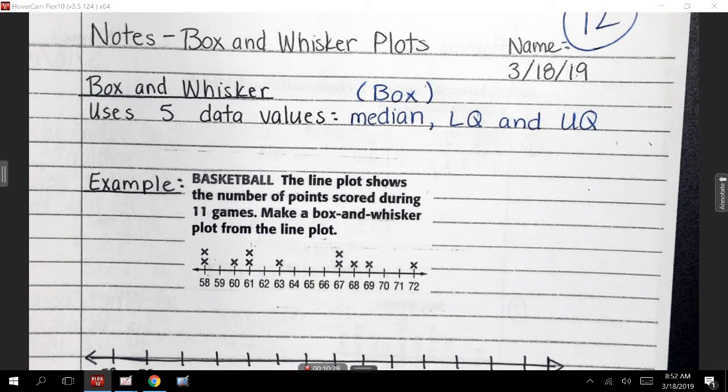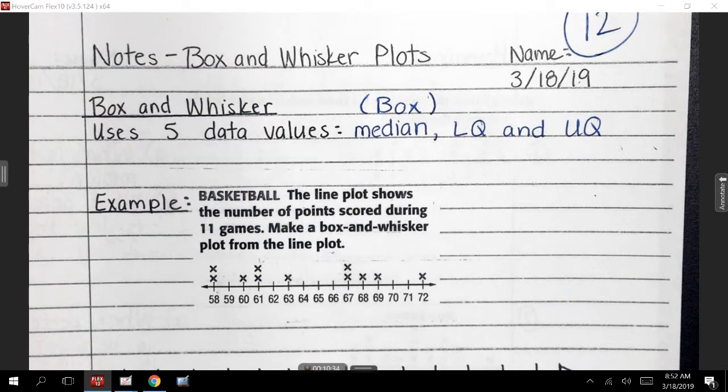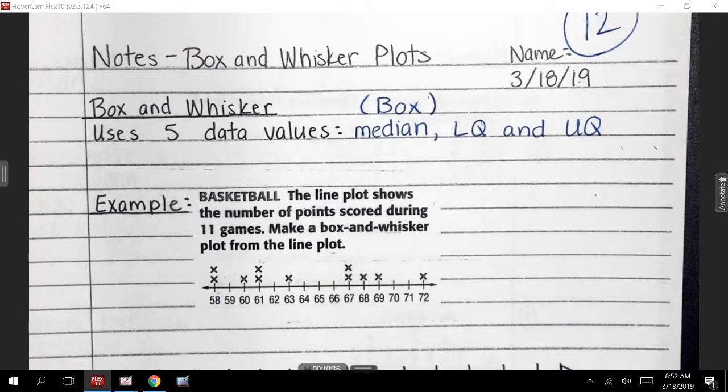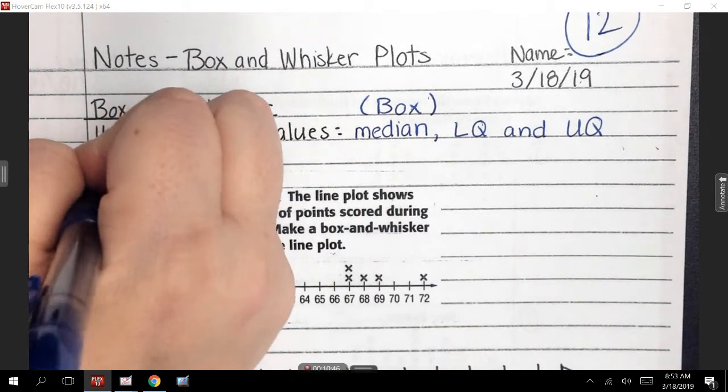All right, after I make the box, I need the whiskers, because it literally is what it sounds like. It is a box, and then it's going to have 2 lines. The 2 lines are called whiskers because they go off the side, just like a cat has whiskers that go off the side of its face. So after the box, we're going to have the whiskers.